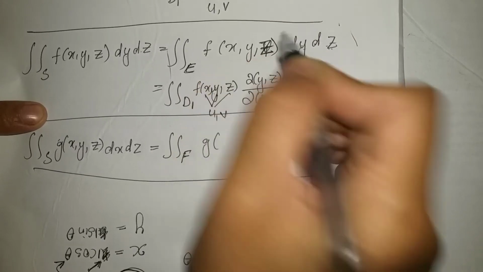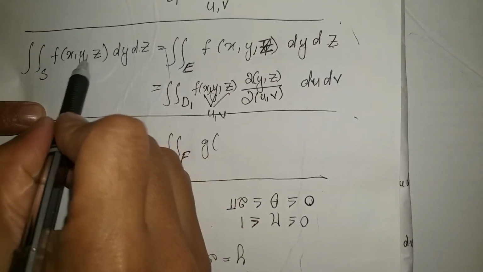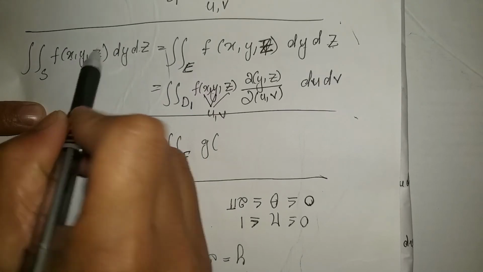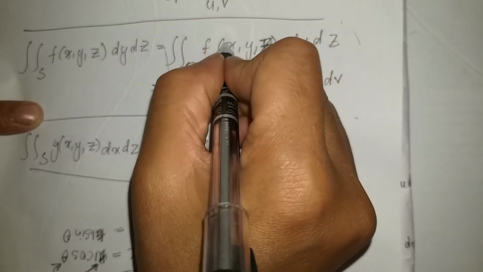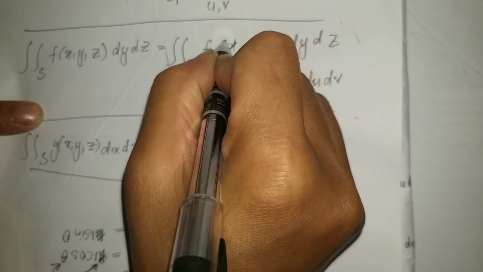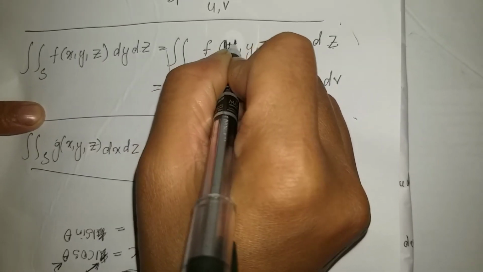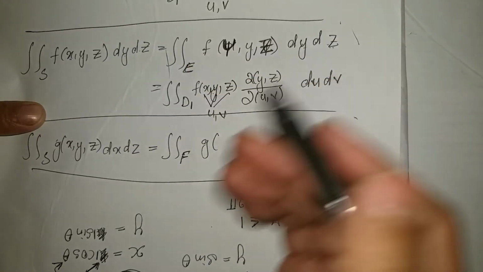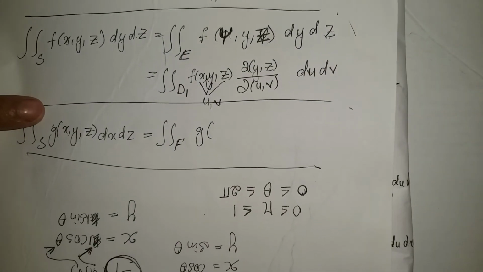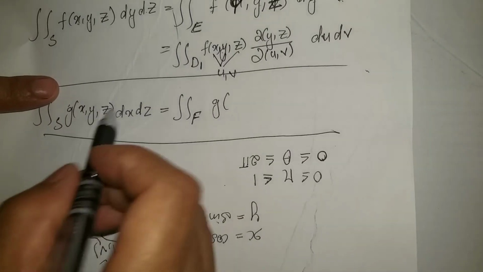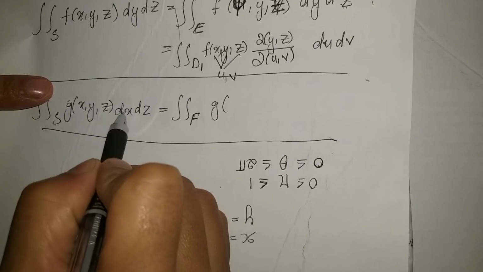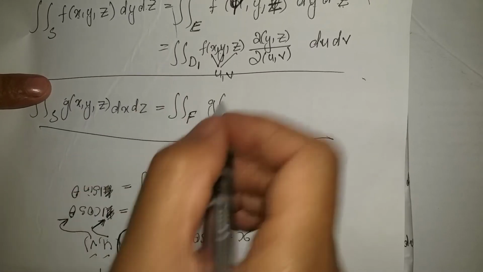Sorry, here this should be set. Here we express x in terms of y and z. So let me write psi here. This psi should be in terms of y and z. And here we express y in terms of x and z.